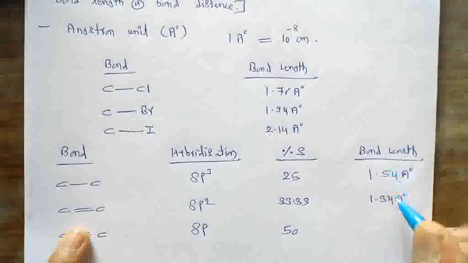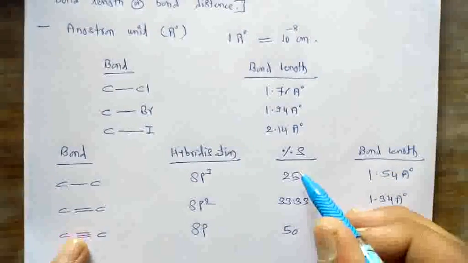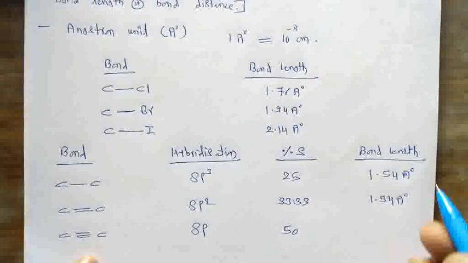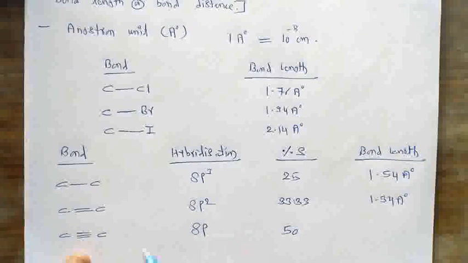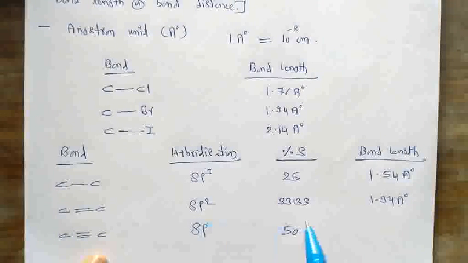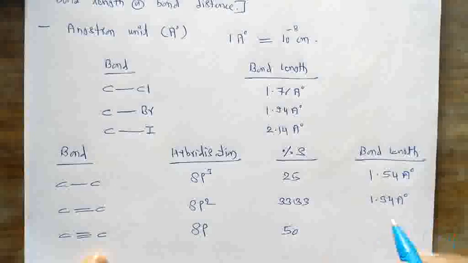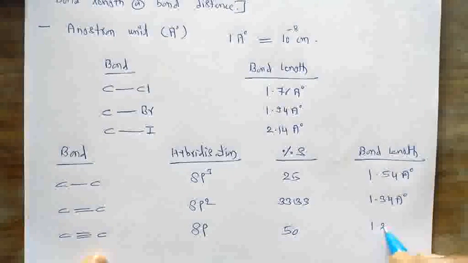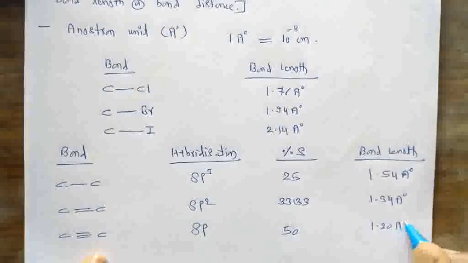So the bond length goes on decreasing as the percentage of S character increases, and the same situation is there for the third bond, carbon triple bond carbon. The percentage of S character is 50%, so the bond length is the least in the case of carbon triple bond carbon.